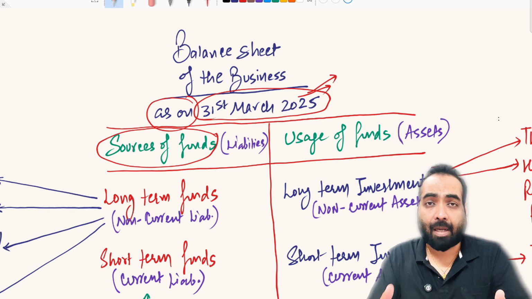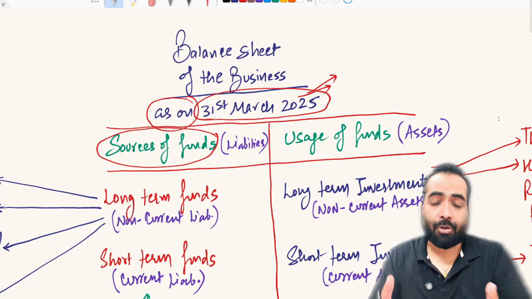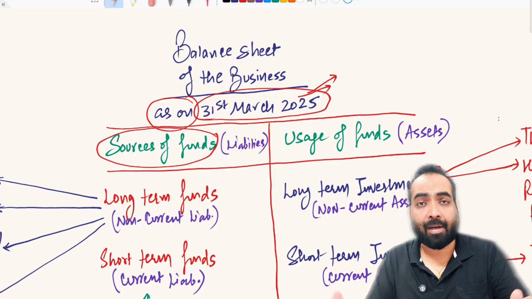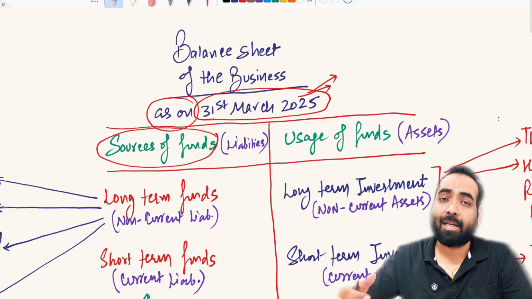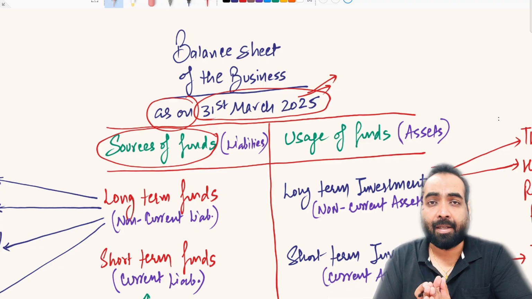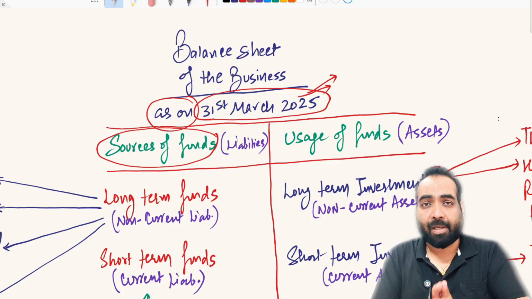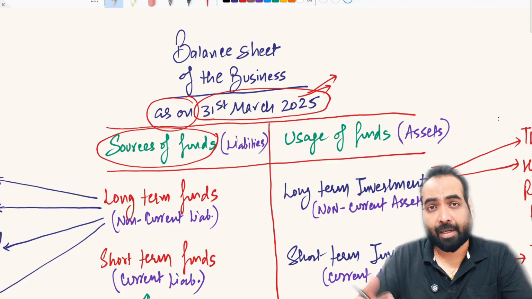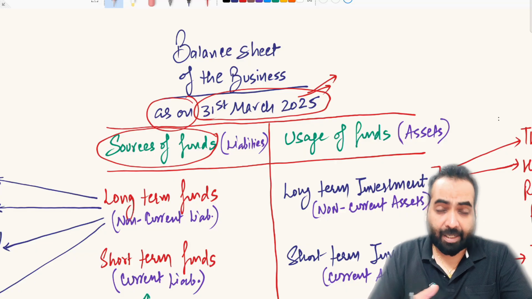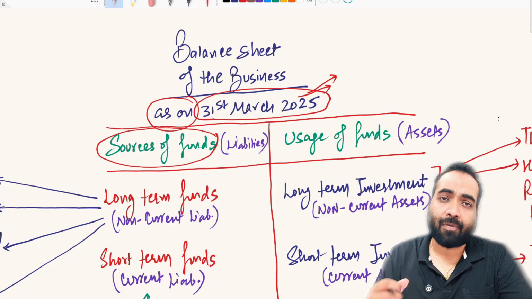You can invest your own capital in the business. You can take the help of banks, your family members, your relatives, or any other third parties. You can also take the help of your suppliers by asking them not to take payment for their supplies immediately, kind of taking indirect investment from them in your business, right? So there are multiple ways to source funds for the business.